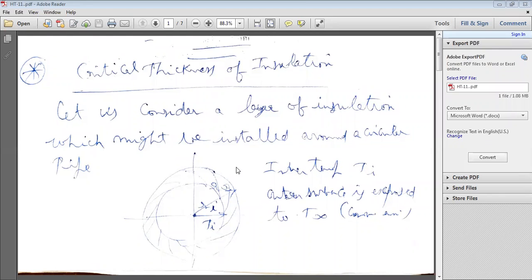You may come across a number of heat pipes, cylindrical pipes, and spherical vessels in thermal industries.